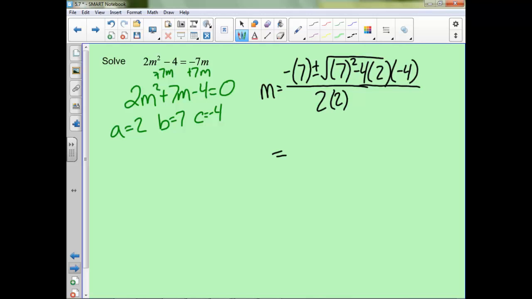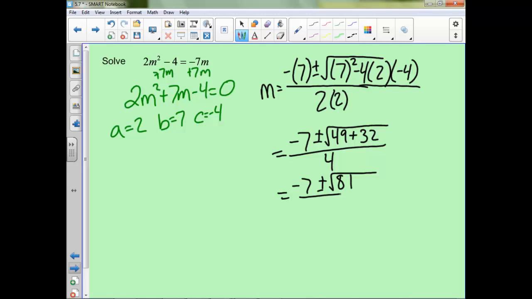So simplifying this, we'll get -7 plus or minus, and -4 times 2 is -8. -8 times 4 is positive 32, all over 4. 49 plus 32 is 81.